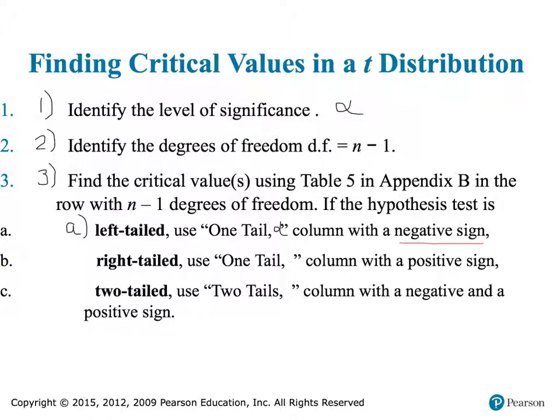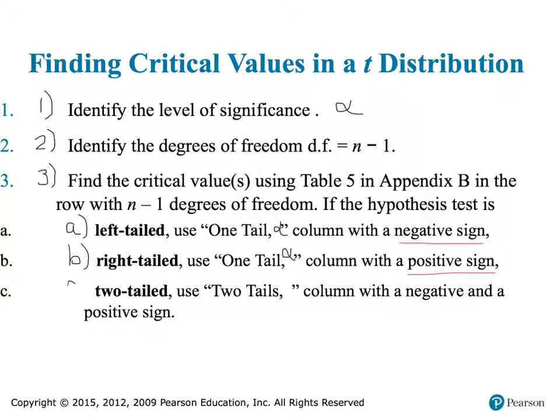If it is a right-tailed test, we'll go to our table 5 and find the 1 tail alpha row at the top with the appropriate degrees of freedom and find the critical value, and this one will have a positive sign because it will be above the claimed mean.